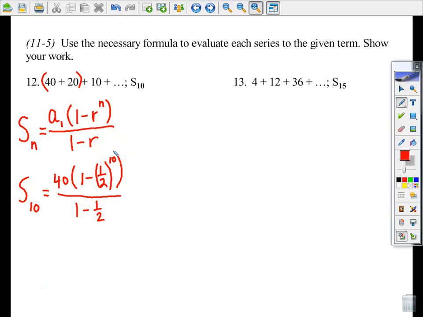So let's grab our calculator. And we can probably do pretty much all of this in just one line, 40. And then parentheses, 1 minus, and then I'm going to put 1/2 in parentheses. And I'm going to raise 1/2 to the 10th power. Close parentheses.